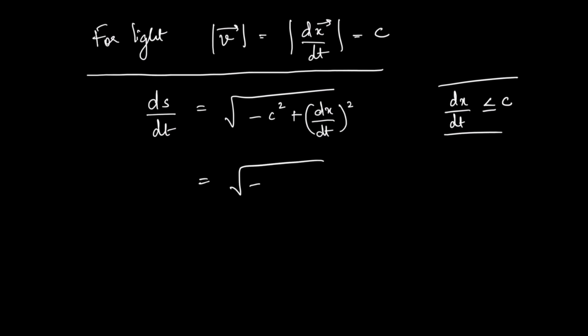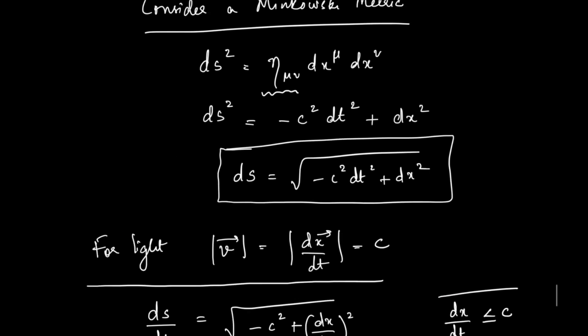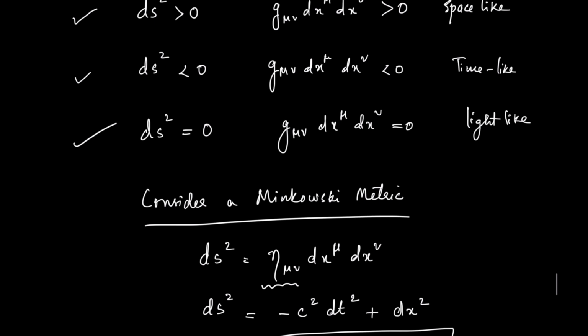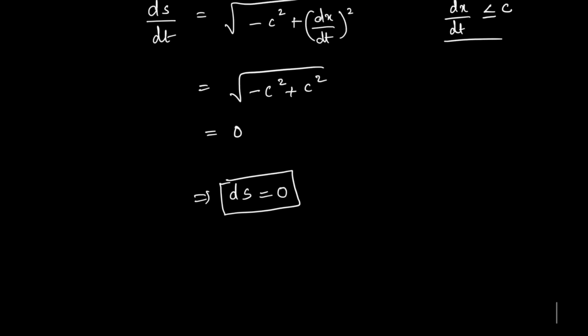Then minus c square plus c square, so this will be equal to 0, which implies ds is equal to 0. So for light, ds is equal to 0, which is the light-like case. ds equal to 0 is also known as null geodesic.